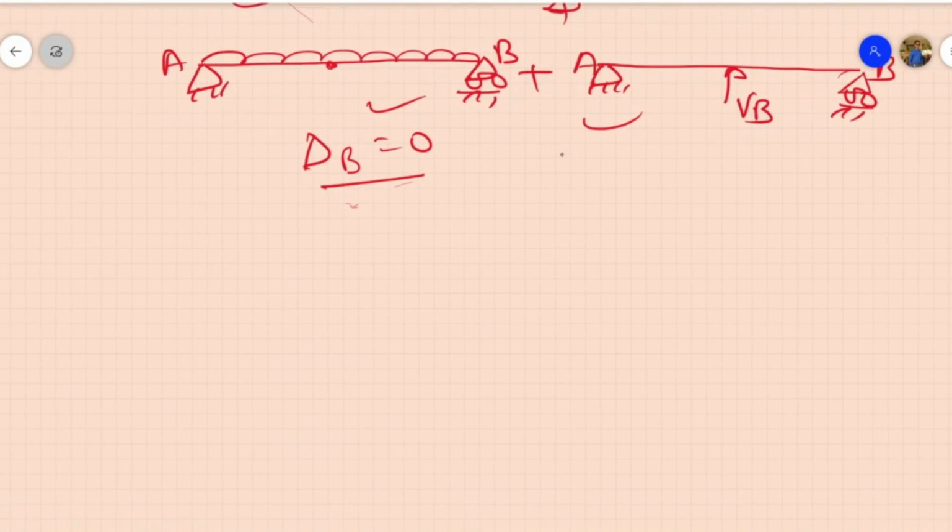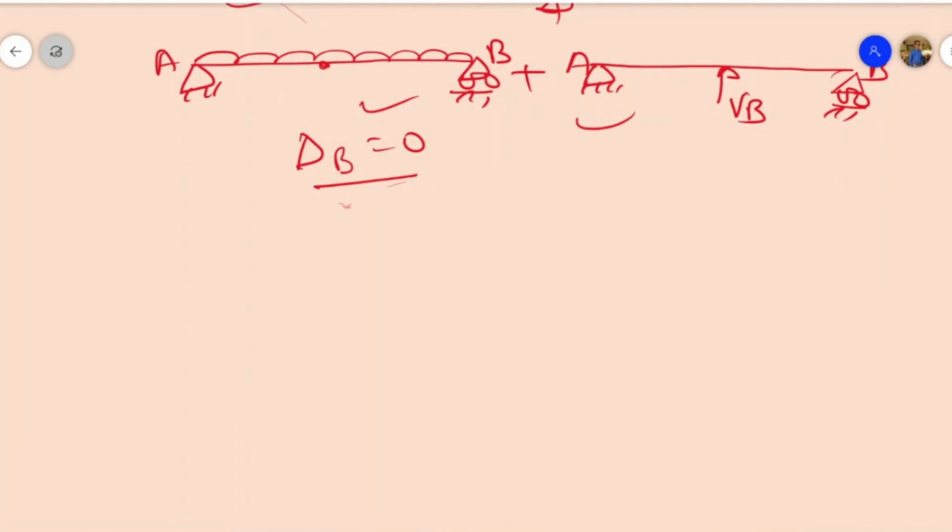Let's see. Delta due to the UDL minus delta due to VB equals 0.